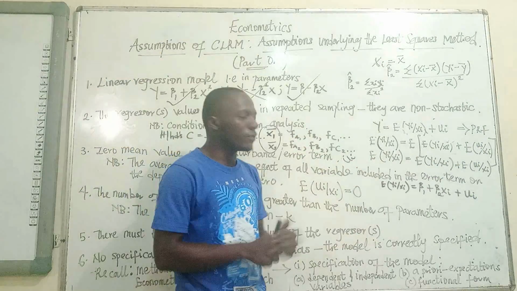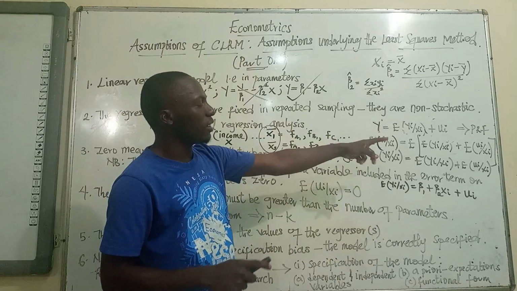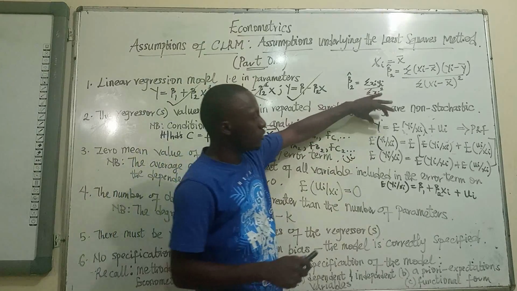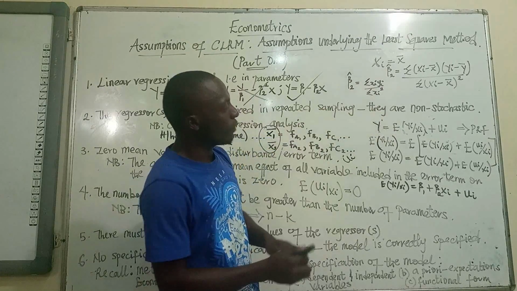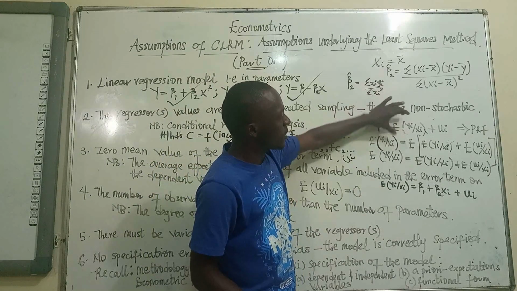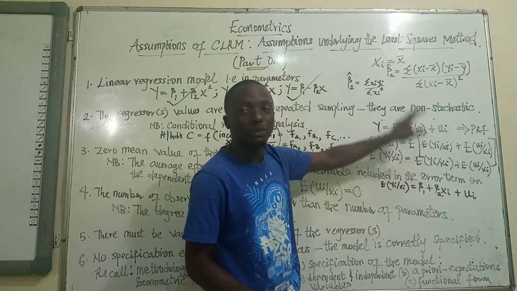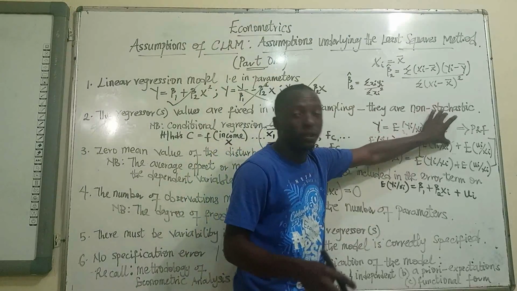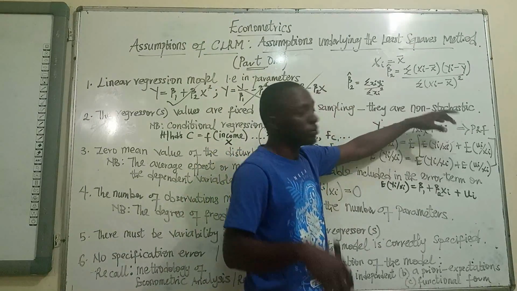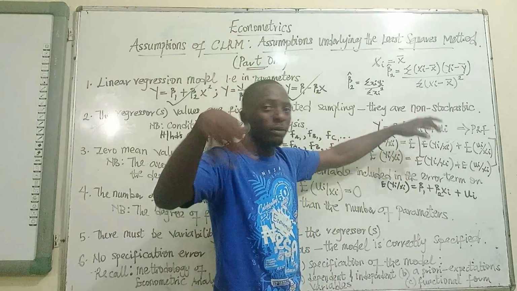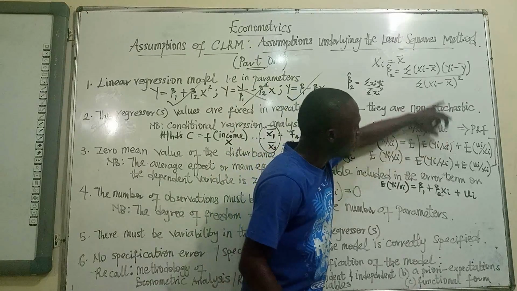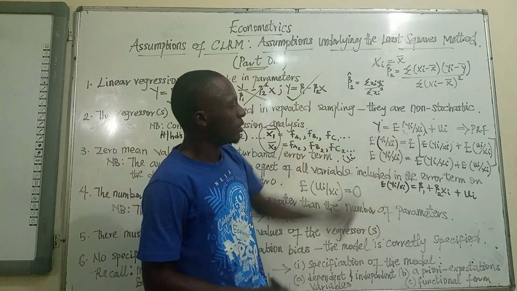From the previous video, we said something about the PRF: the true value of Y, the true value of our consumption expenditure, is a function of the expected value of consumption given income plus the error term, in which we've captured every other variable, maybe family size, governmental condition, environmental condition, everything. That's the PRF.